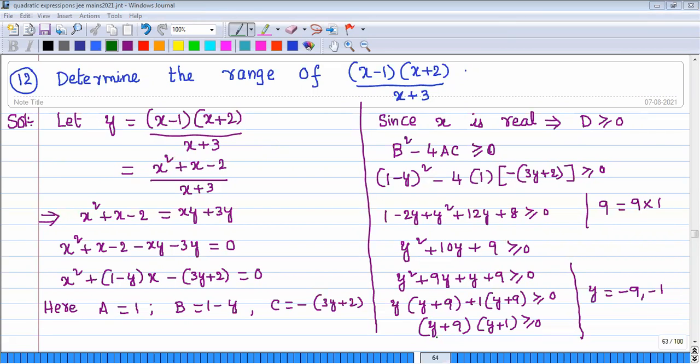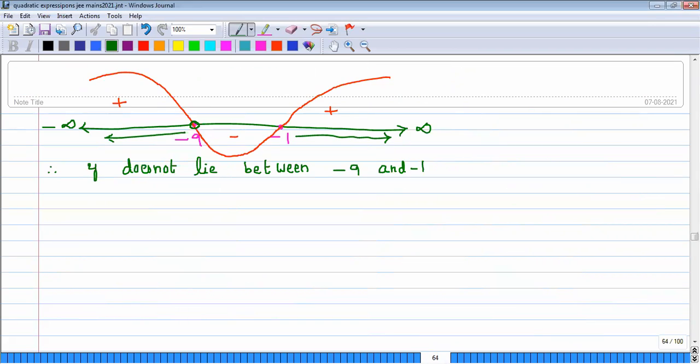So that is why minus 9 is also included, and minus 1 is also included. So now we can write y belongs to negative infinity comma minus 9 closed, union minus 1 closed to infinity.